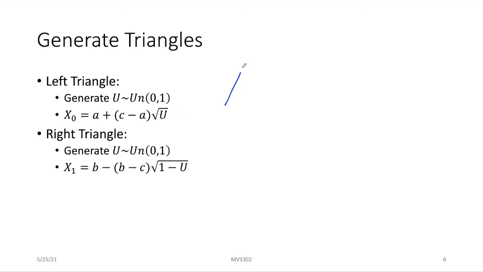That's going to be between A and C. For the right triangle, we had this piece, which was from C to B. And so this is what we would do for that.